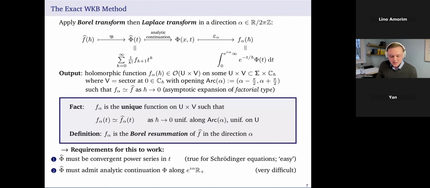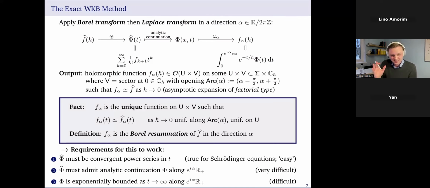But the second thing that I needed before I took the Laplace transform was to be able to take this holomorphic germ phi hat and analytically continue it along that ray in the alpha direction. Like any analytic continuation, that is not easy. That is the most difficult part of the procedure, to be able to construct that analytic continuation.